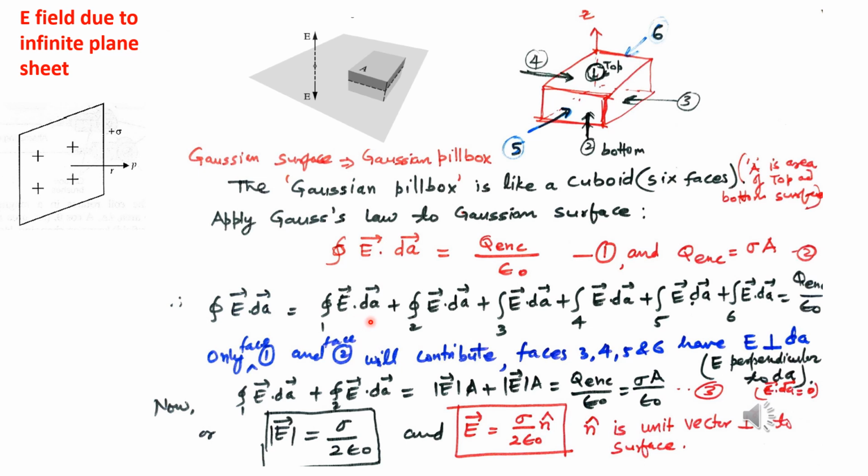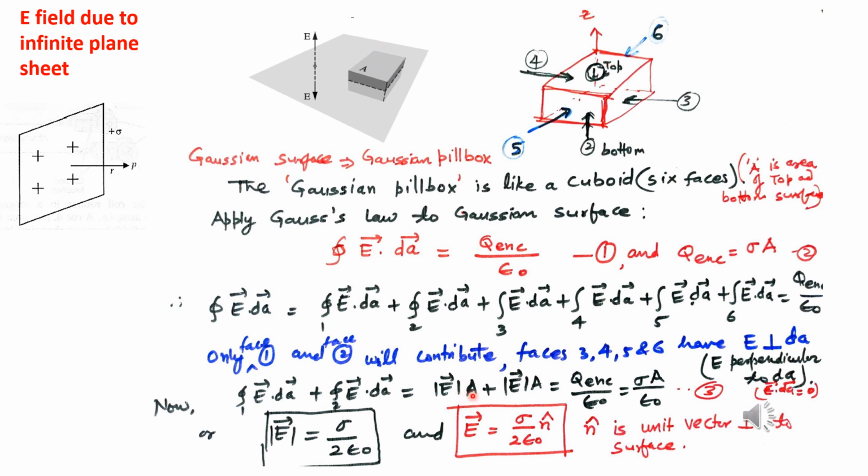So in that case E dot dA involves cos 0, and this will give us values, while 3, 4, 5, 6 will give 0, because the E vector is perpendicular to the dA vector in all those cases. For 3, 4, 5, 6, the dA vector is sideways and the E vector is upwards or downwards, so the angle is 90 degrees. E dot dA is cos 90 equal to 0, so those terms will be 0. So the only contribution is from the top and bottom, surface 1 and surface 2.